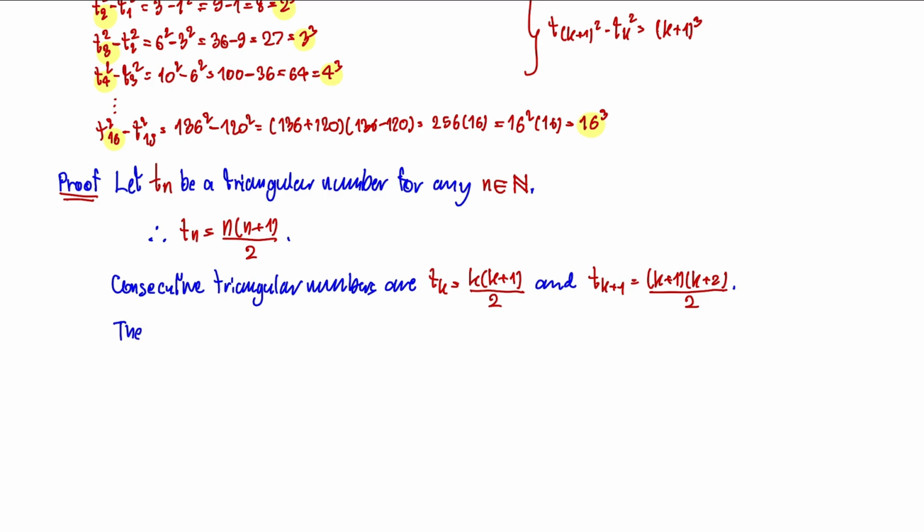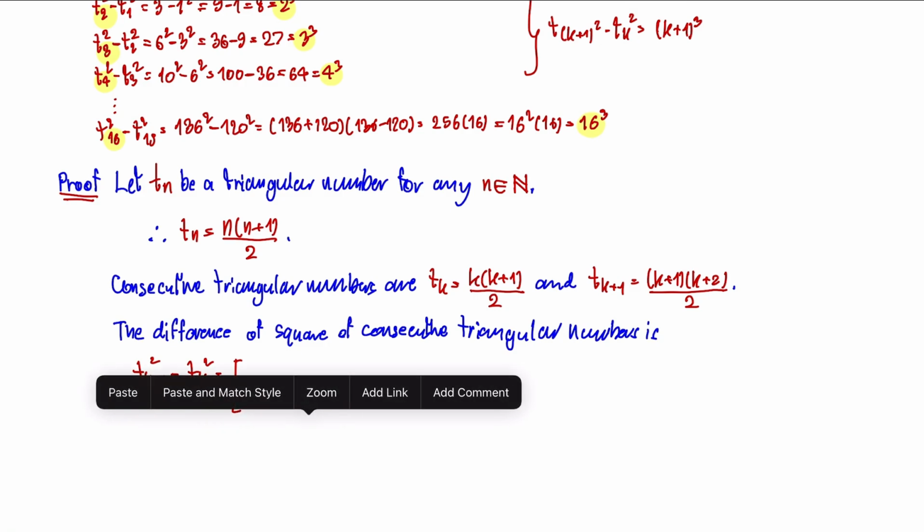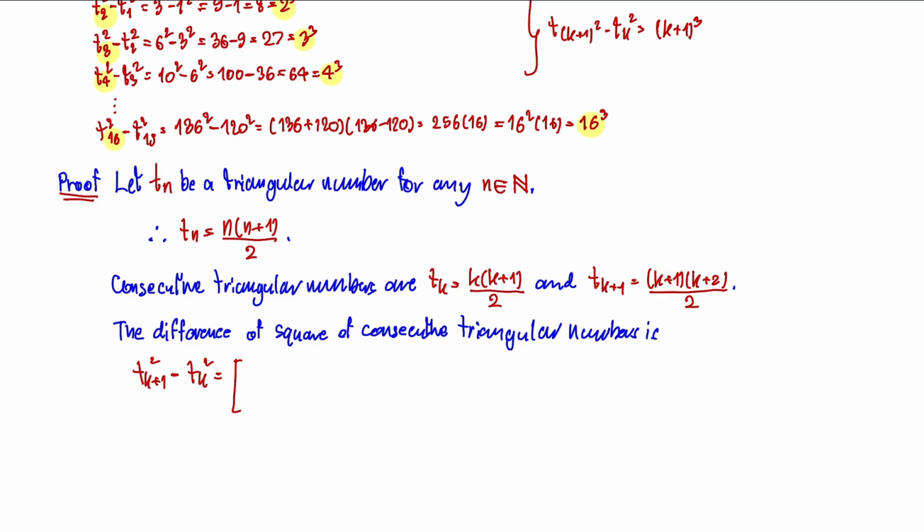So the difference of squares of consecutive triangular numbers turns out to be t_(k+1) squared minus t_k squared, which is... let me copy this term. Oh sorry, not this one.